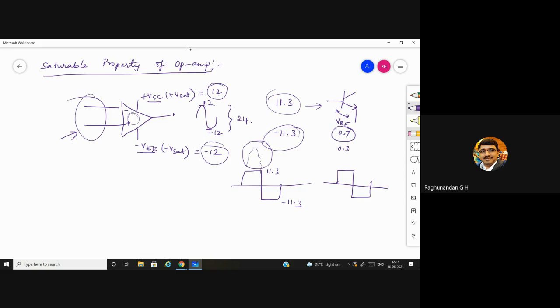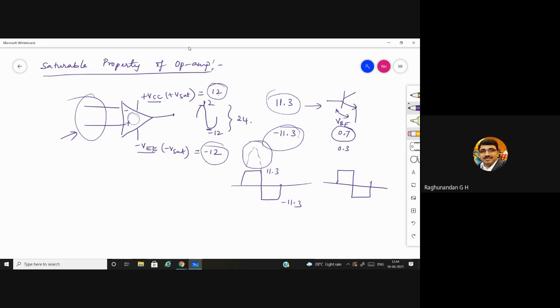Whenever you connect an amplifier, and you're getting a square wave where you are supposed to get a sine wave, then understand that you have given a very high input, or you have set your plus VCC or minus VEE to a very low level. That will be the reason.